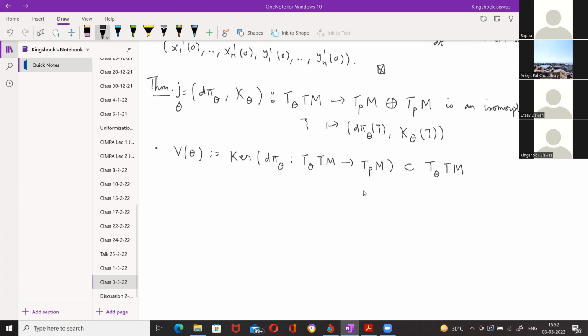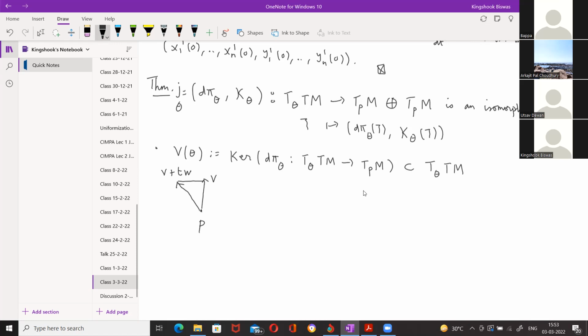One way to get such an element of V theta is that you take v and any tangent vector w in TpM and look at v plus tw. You can add these two vectors, they're in the same tangent space. So the foot is constant.